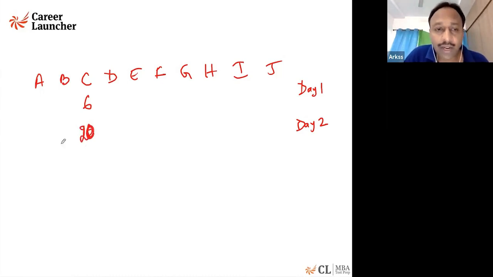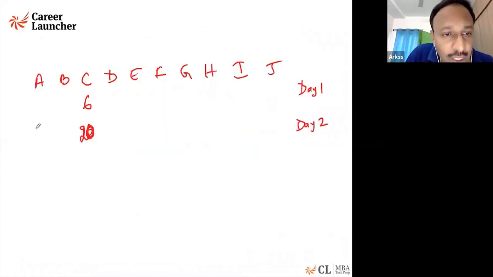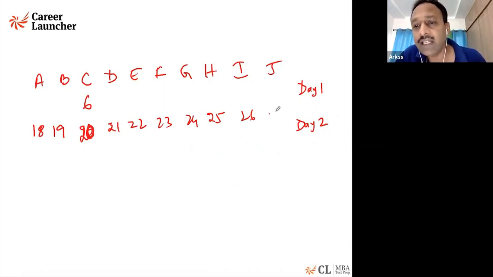If this is 6 and 20, on day 2 the 10 friends occupy consecutively numbered chairs in that order. If this is day 2, this has to be 18, 19, 20, 21, 22, 23, 24, 25, 26, and 27.